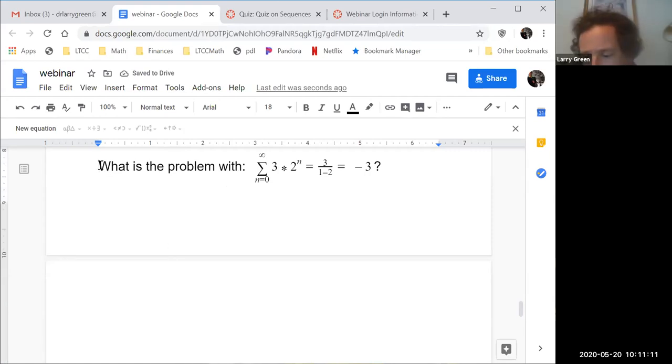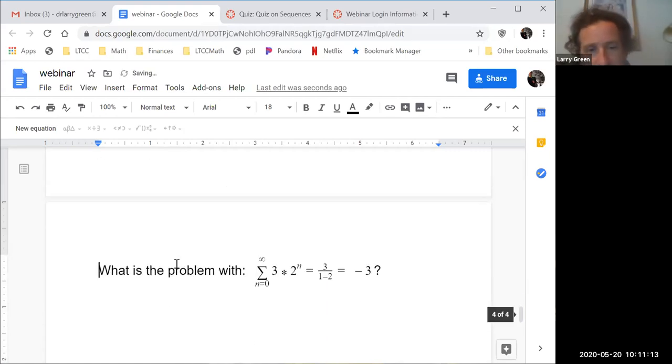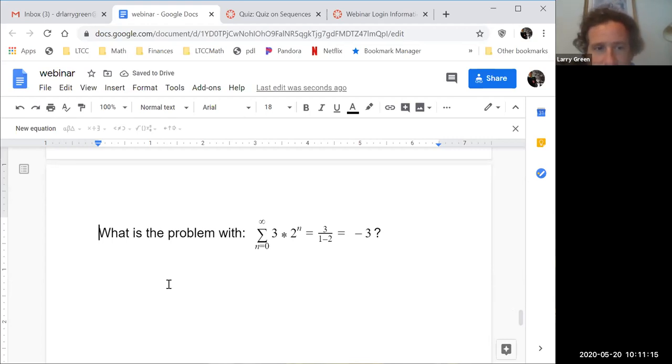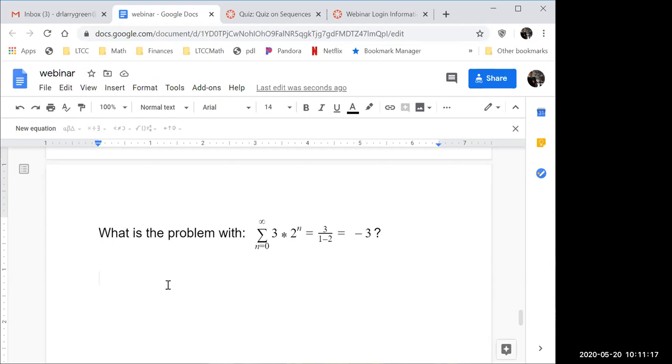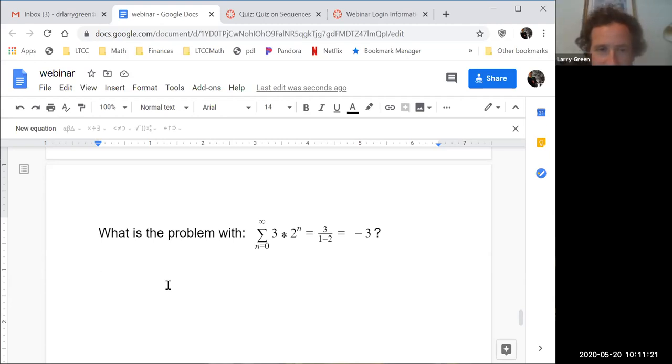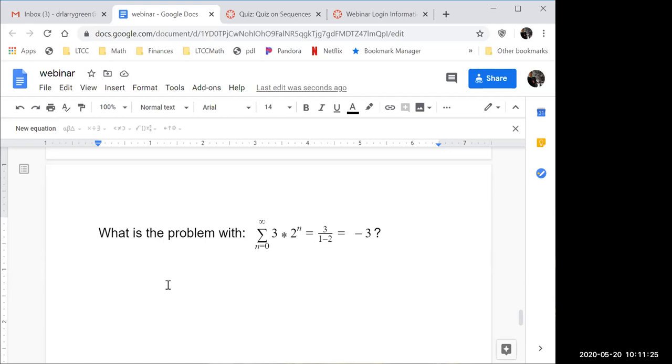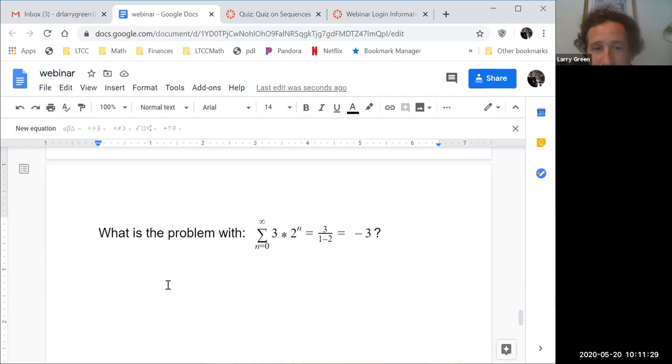What's the problem with that? Anyone see the issue? Hopefully you know that 3 plus 6 plus 12 plus 24 can't be negative 3. If you add them up, you don't get negative 3. You all agree?